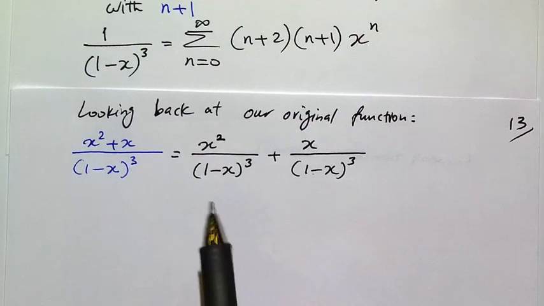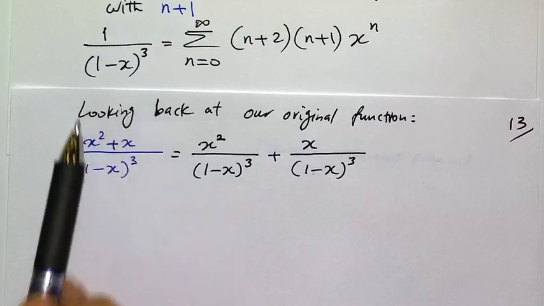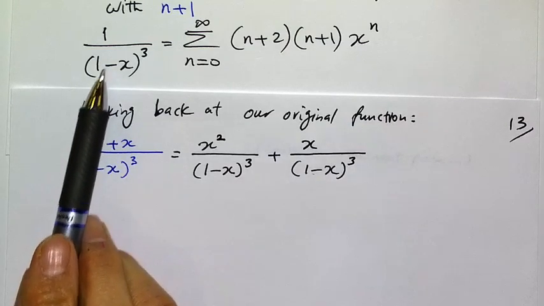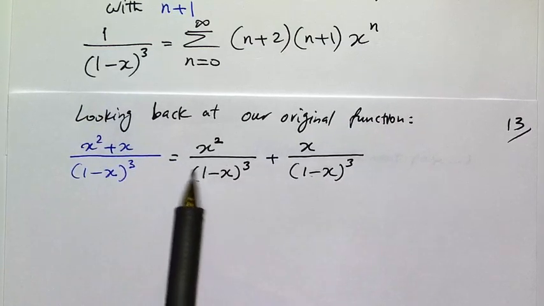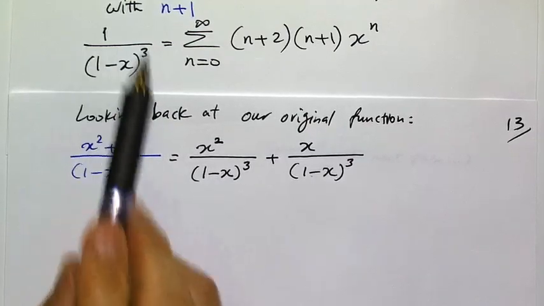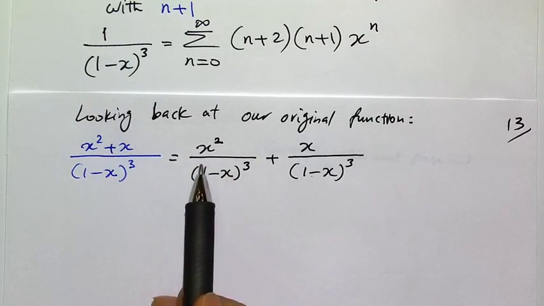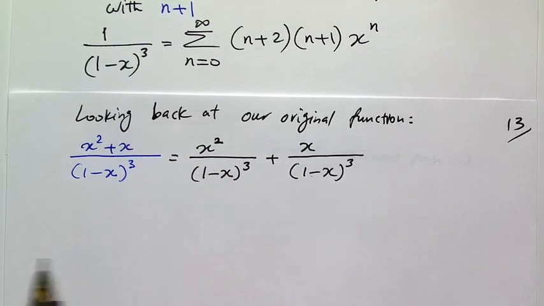So now to get this from that, we'll have to multiply that by x squared, right? So by x squared.